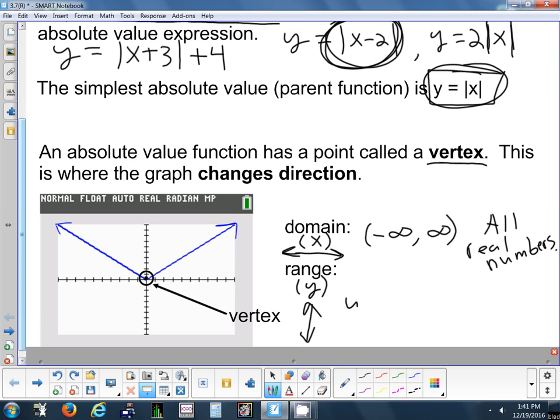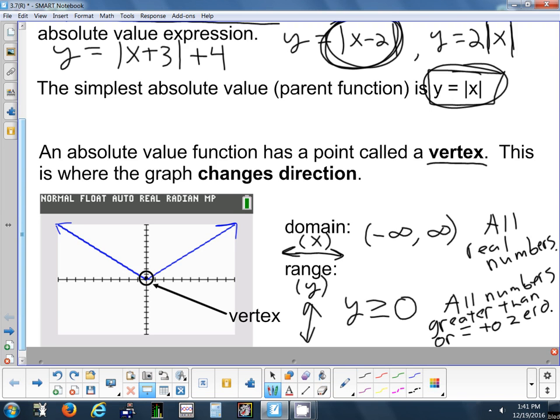I think the simplest way is just to say the range in this problem is all numbers greater than or equal to 0. Or you could write that out: all numbers greater than or equal to 0. If you prefer sentences, that's how you can do it.